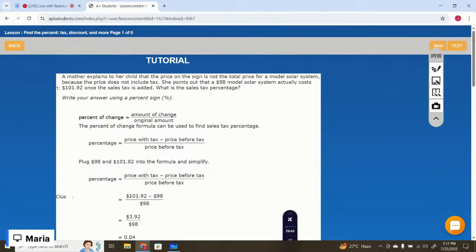What is the sales tax percentage? So it would be amount of change divided by original amount. For the amount of change, we need to subtract the price without tax from the price with tax. That would be 101.92 minus $98. So that is 0.04.